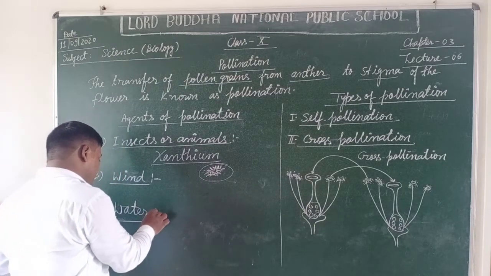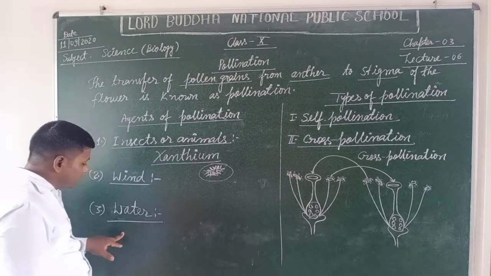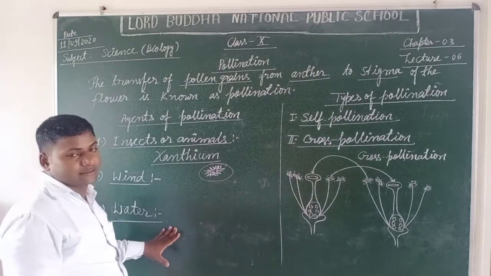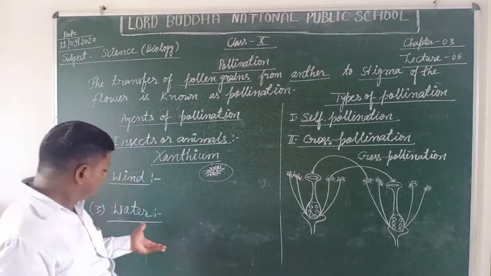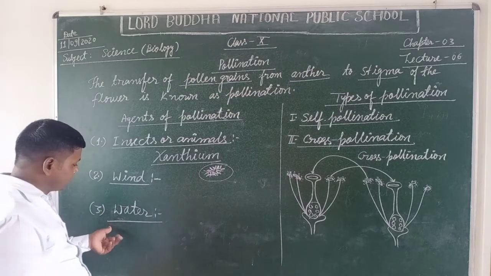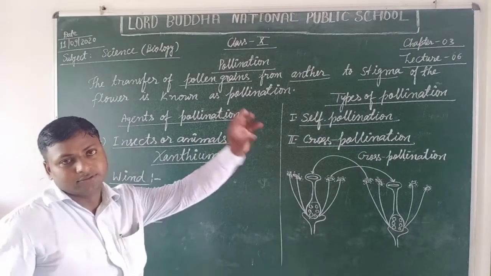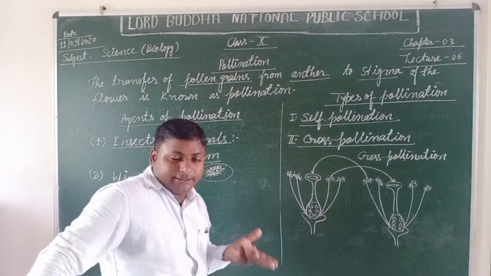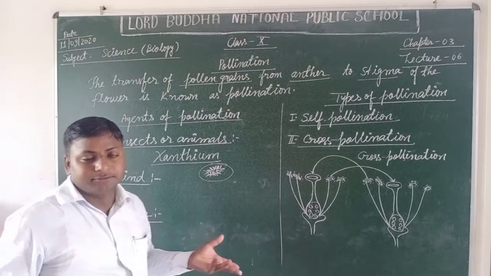Now students, water. This type of pollination mainly takes place in aquatic plants like Hydrilla, Vallisneria, and other aquatic plants. What happens in this process? The gametophyte that bears the gametes is present on a mature sporophytic plant.